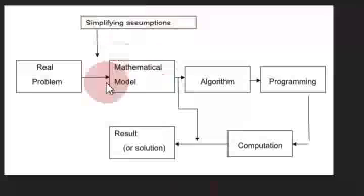So you build a mathematical model for the real problem, then you implement an algorithm for that, then using any kind of software, MATLAB or Mathematica, you can compute that on a computer.